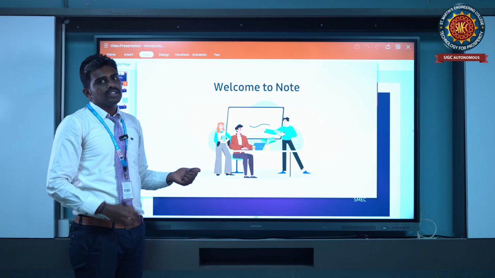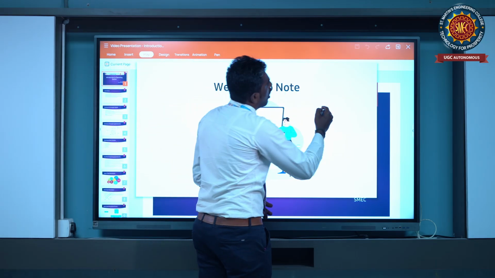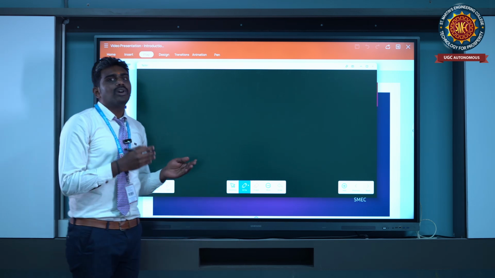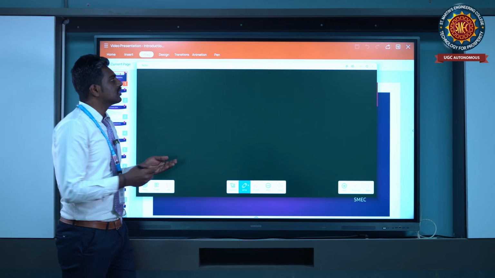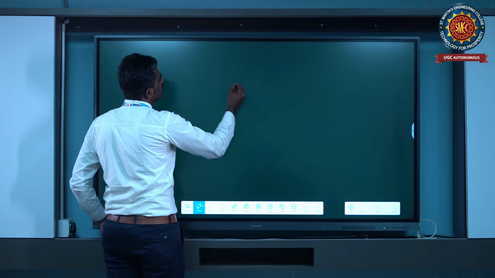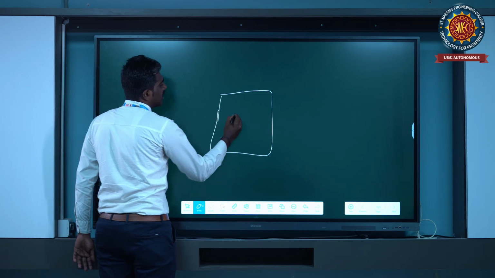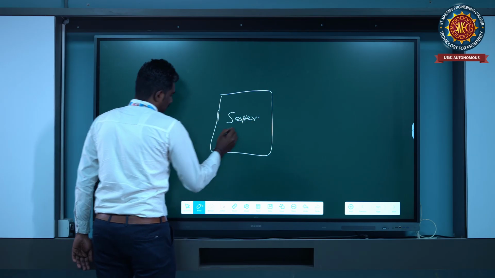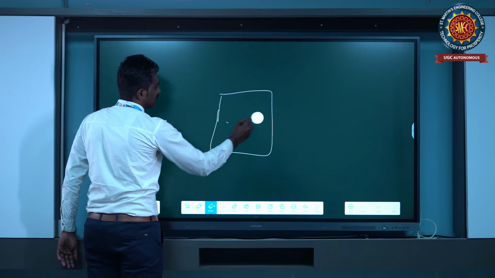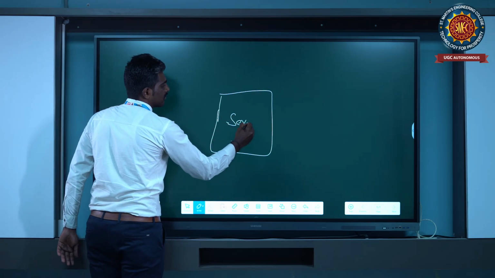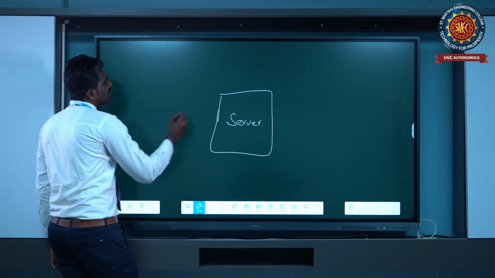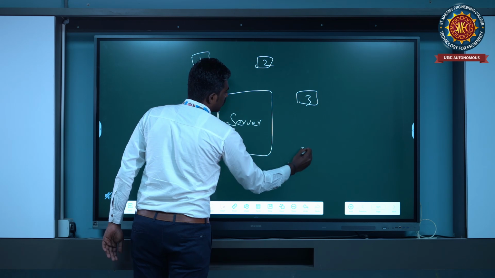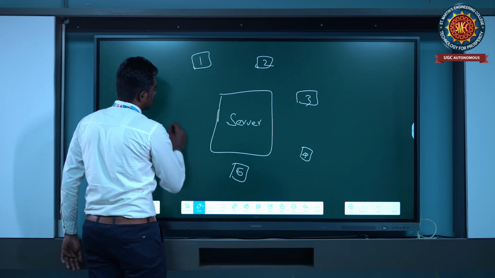So now I teach the network operating system. In this network operating system, one server is the centralized process and multiple client systems are connected to the server. For example, it is the server, with system 1, system 2, system 3, system 4, system 5 and system 6.